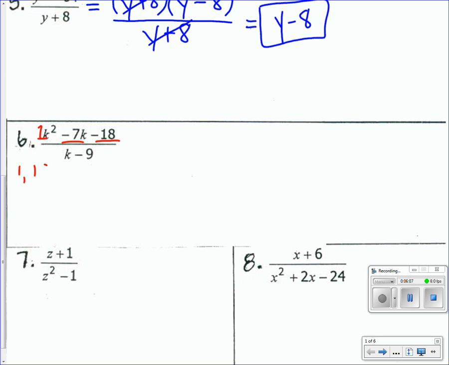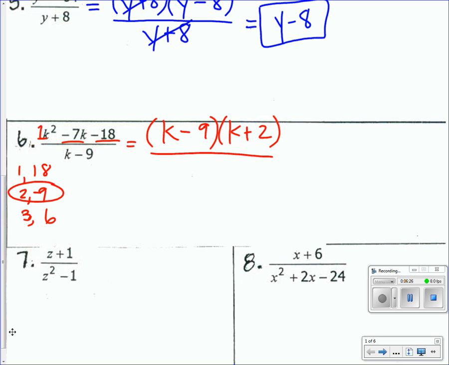Yeah, we have 1 and 18, 2 and 9, 3 and 6. So which one's negative to add up to negative 7? Negative 9 and positive 2. So then we'll just write k minus 9 times k plus 2 over k minus 9, which we can't factor anything out. So then we have a common factor of k minus 9s, and our answer is just what? K plus 2.